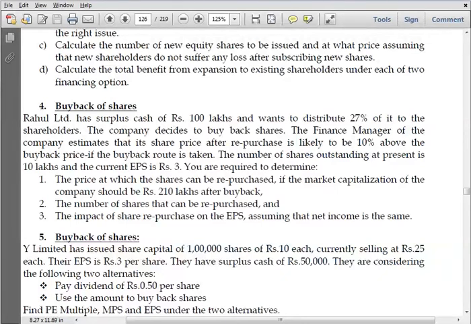Next, calculation of revised EPS. Point number one, the company is currently having an EPS of rupees 3.